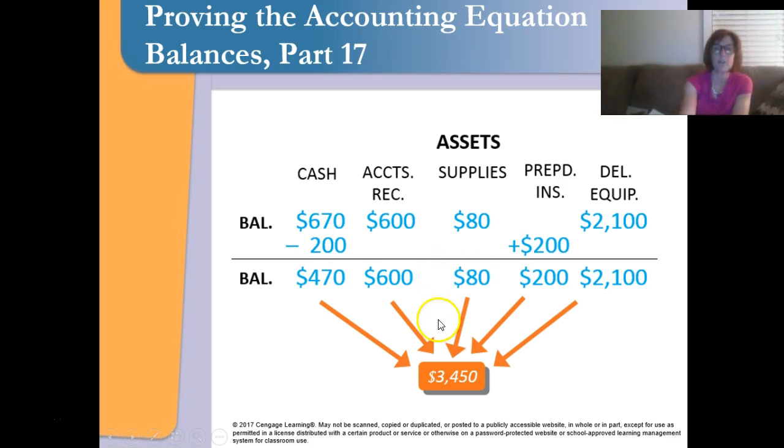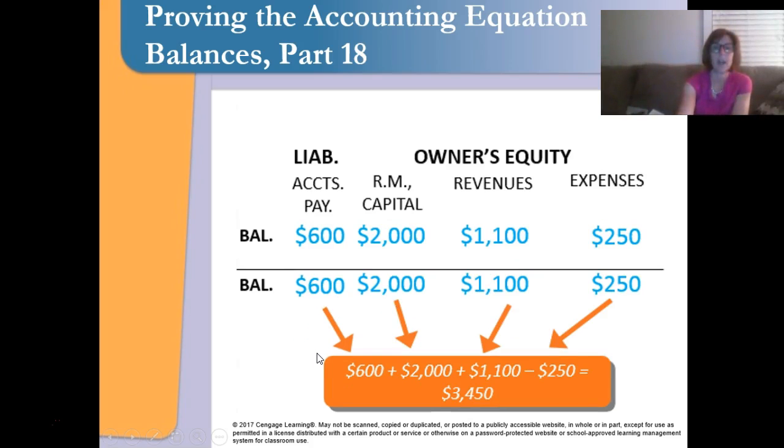And we still have $3,450 in assets. As a result, we now have a new account called Prepaid Insurance, $200, and we now have $200 less in cash. And once again, no changes to the liability or owner's equity side of the accounting equation.